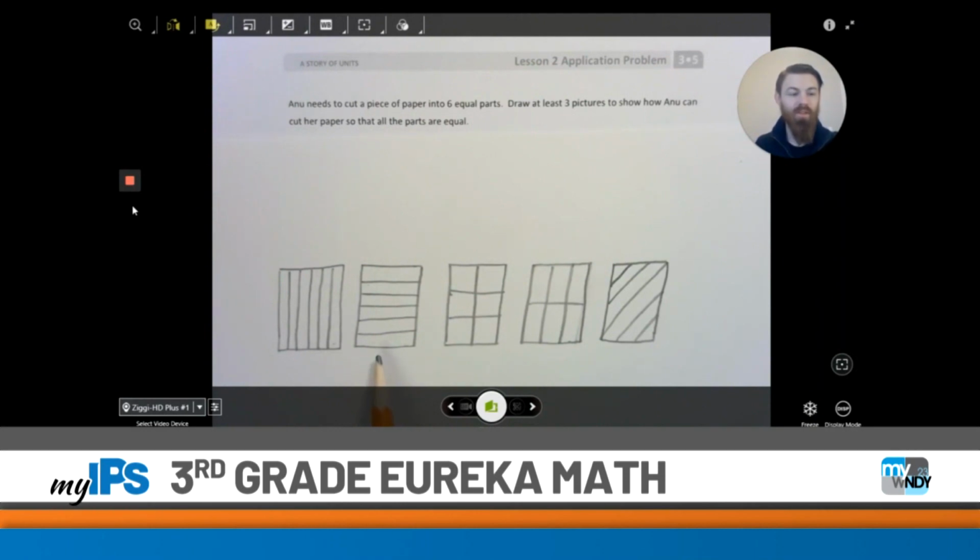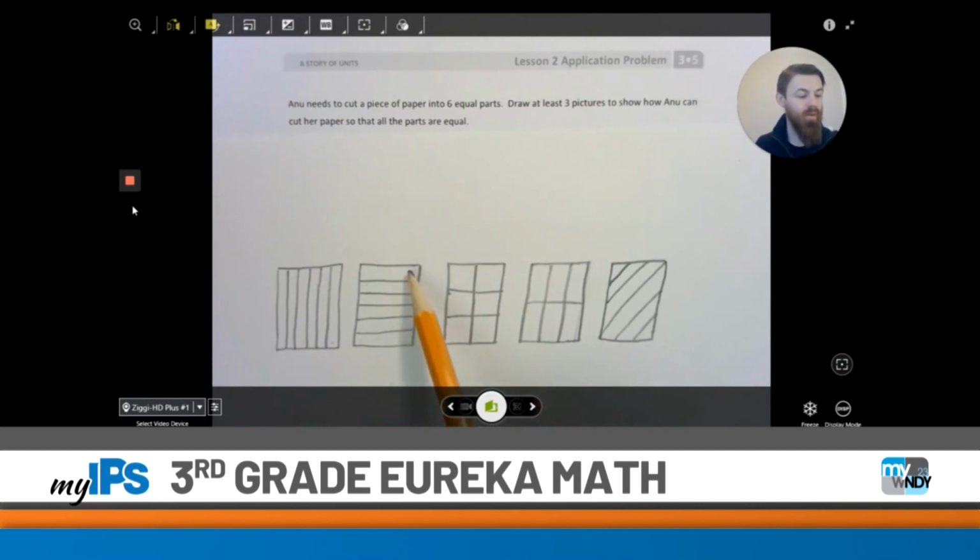Let's take a look at this one. This one I partitioned horizontally rather than vertically. Let's see if this is 6 equal parts. 1 part, 2 parts, 3 parts, 4 parts, 5 parts, 6 parts. Do they look pretty much equal? They do. Okay. Let's take a look over here. Is this partitioned into 6 equal parts? So for this one, you can see I partitioned it vertically in half.